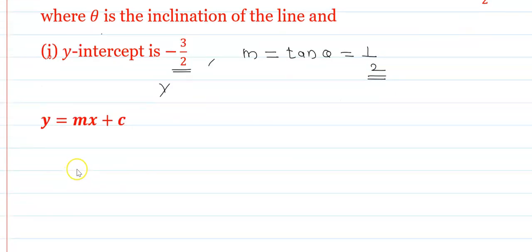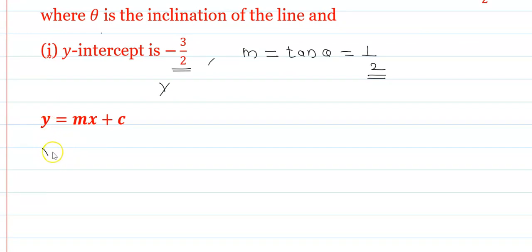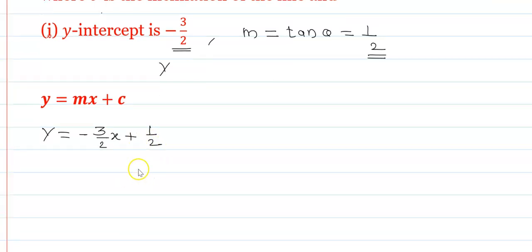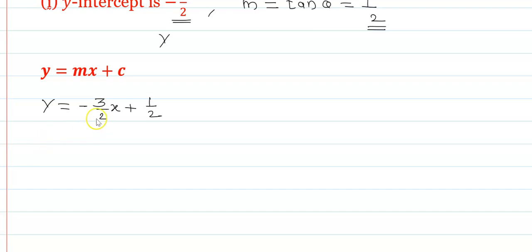Substitute the values. What is the value of m? y is equal to 1 upon 2 x, the value of c is minus 3 by 2. And then simplify. Multiply on both sides by 2. Then here you will get 2y is equal to x minus 3.